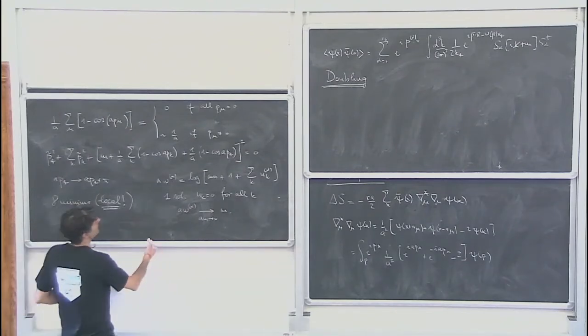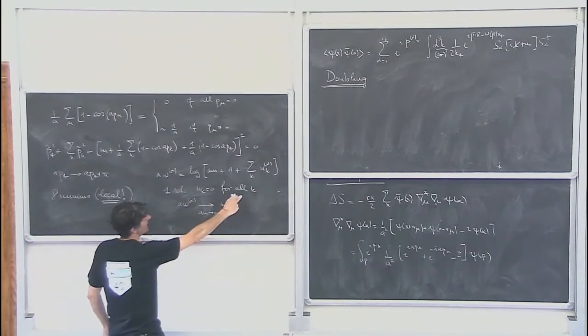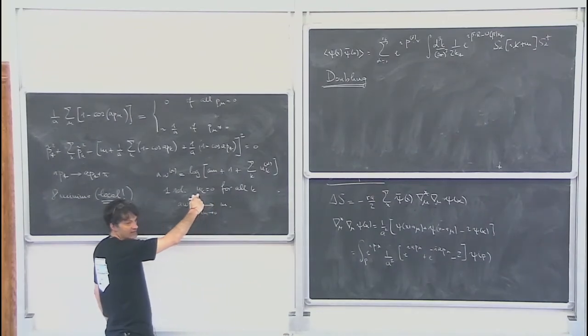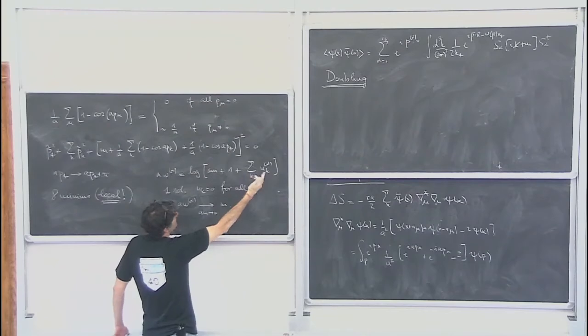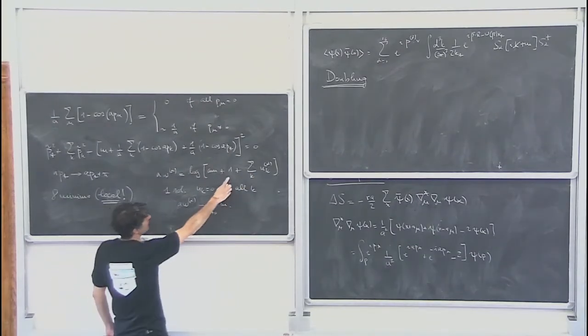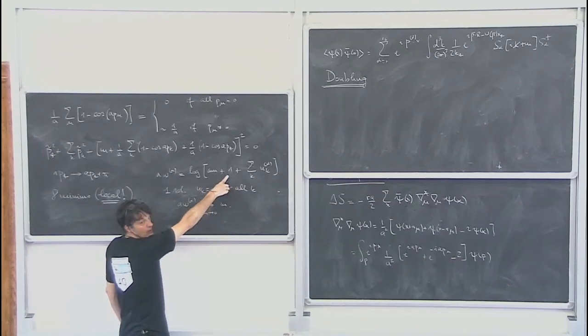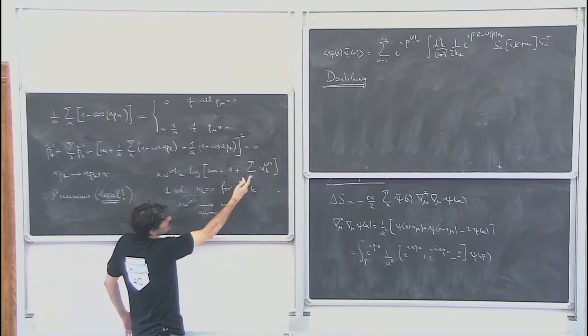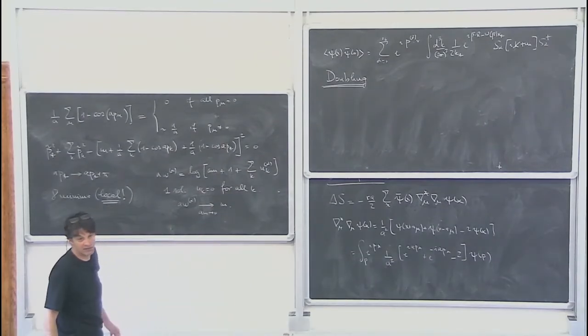And then for all the other solutions, as soon as one of these NK is no longer 0, it's no longer a small deviation from 1. Even if AM goes to 0, this is a finite number.